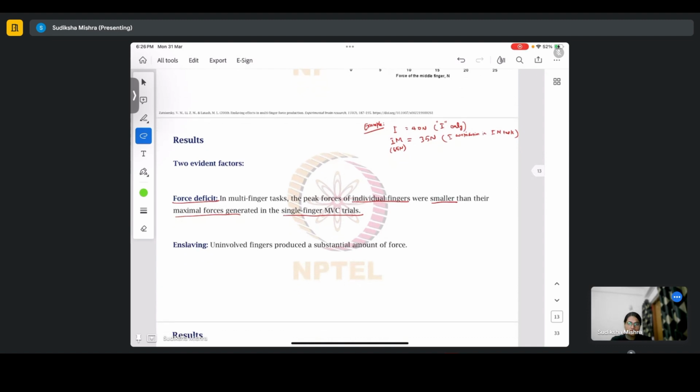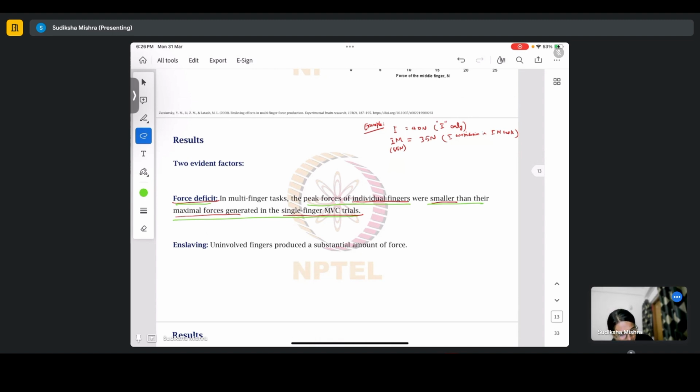There were two things that they observed. First was force deficit, wherein the peak forces of individual fingers were smaller than the maximal force generated in the single finger trials.